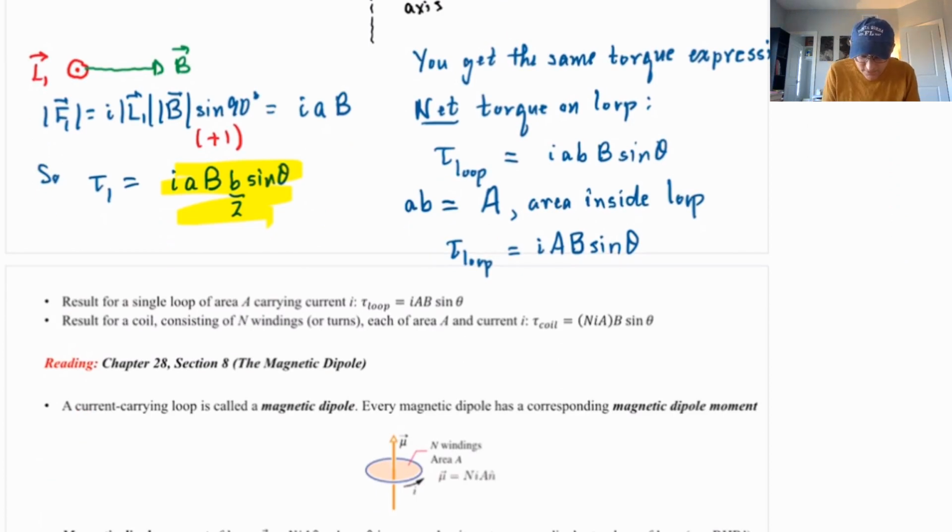All right, so here's the result for a single loop of area A carrying current I. The torque on the loop is I times area times field times sine of angle between n hat and B. Now, if we're really going to make an electric motor with one of these loops with wire on some kind of a frame and an axis, it turns out that what you really want to do when you wrap that wire around that rectangular frame is wrap it around multiple times. Because then you get a multiplicative effect.